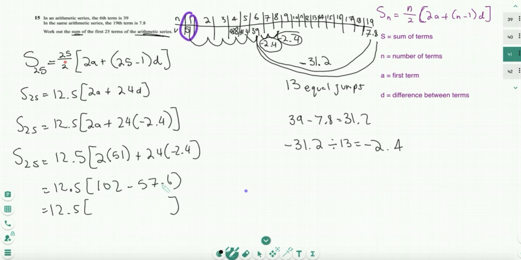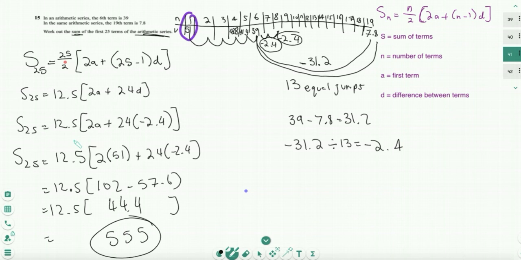Let's simplify the bracket. So 102 minus 57.6 is 44.4. And we're going to multiply this. So 44.4 times 12.5 is 555.